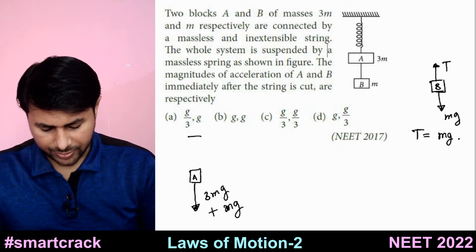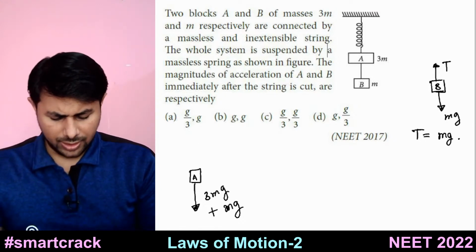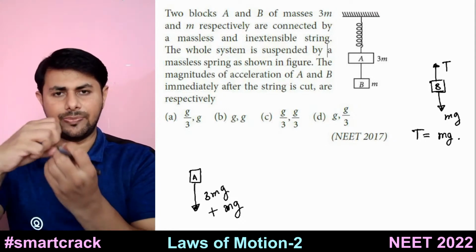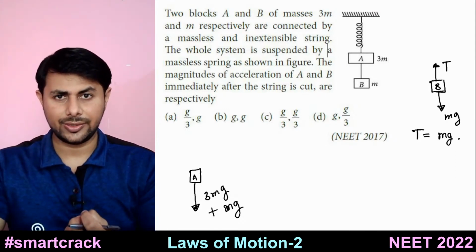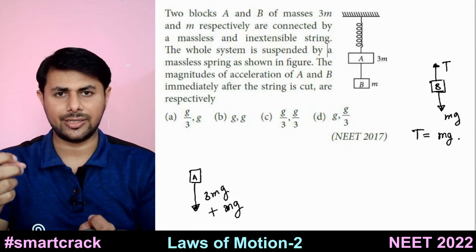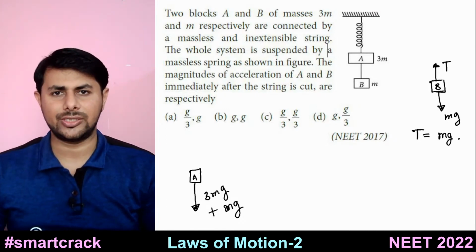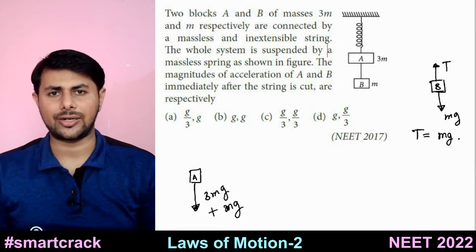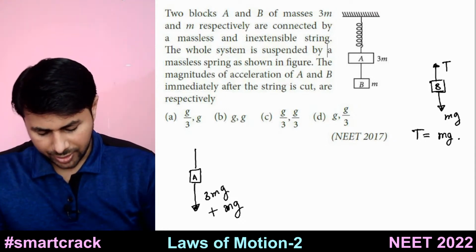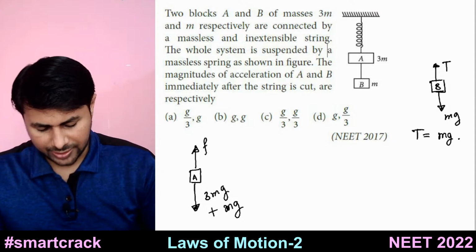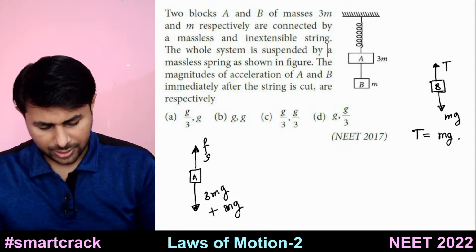And what will be the upward force? Due to this weight, the spring gets extended, so there will be some displacement in the spring. Let's suppose it is x, and there will be a restoring force generated in the direction opposite to the displacement, so the restoring force is upwards.